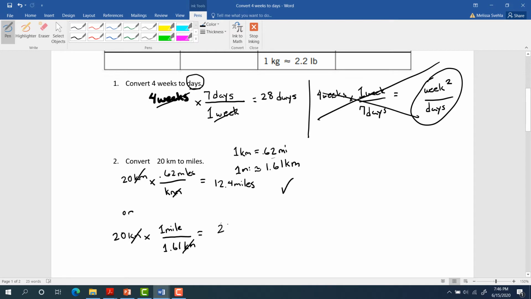And I have 20 miles over 1.61. I can divide that, and this is equal to 12.42 miles. Now, it's slightly off because they're rough approximations, but as you can see, we're pretty close, so both of them actually work out.